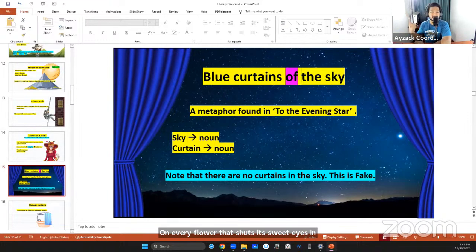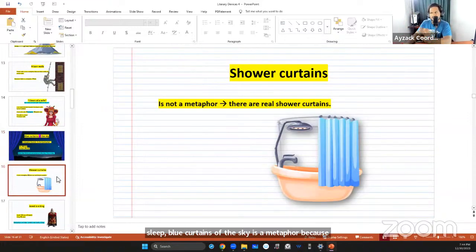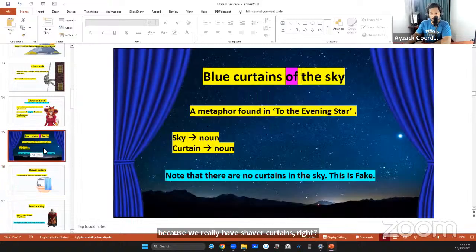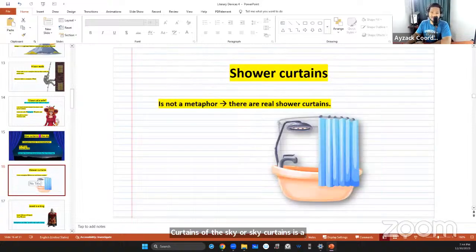Blue curtains of the sky is a metaphor because the sky does not really have curtains. But tell me, is shower curtains a metaphor? No, it's not, because we really have shower curtains, right? Curtains of the sky or sky curtains is a metaphor, but shower curtains is not a metaphor because you really have shower curtains. Metaphors must be fake.